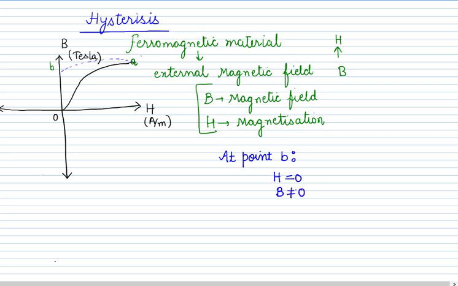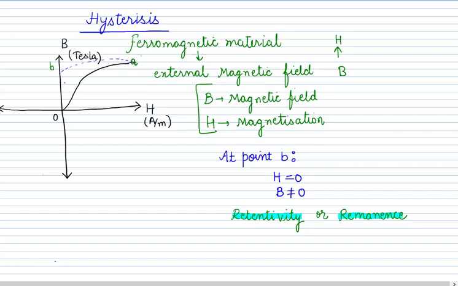The ferromagnetic material still has some magnetic properties, shown by the magnetic flux density. So this value of capital B from O to B we call retentivity or remanence.